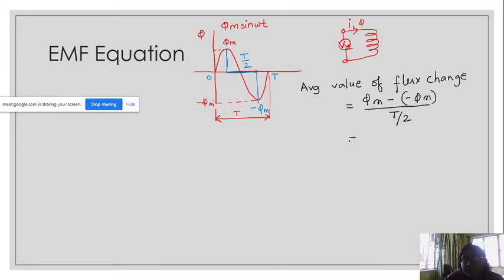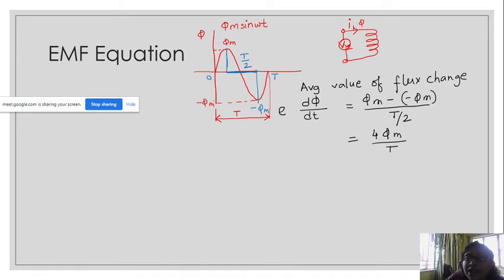So I can write it as 2 phi m divided by T by 2, that means 4 phi m by T. So what is this? This is basically change in flux by time, so I can write it as d phi by dt. And what do you know, what is d phi by dt? E, ma'am. E. Very good.